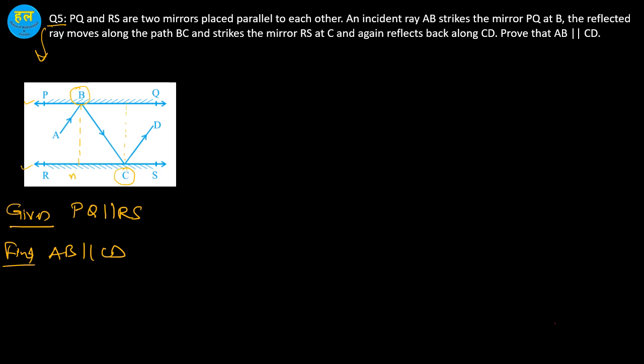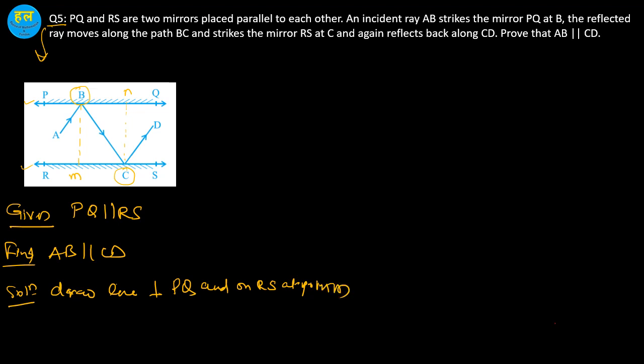This line we will name M and this line we will name N. Okay, so solution: draw a line perpendicular to PQ on RS at point M.